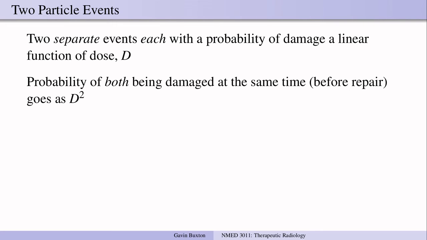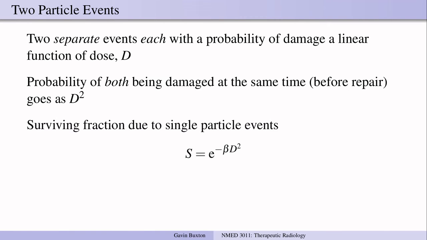Similarly, the probability of the second strand being broken is also linearly dependent on dose. However, what is the probability of both strands being broken? Well, this is going to be proportional to dose squared. Just like statistics in school. If there's a 50% chance of tossing a coin and coming up tails, then there's a 25% chance of doing it twice in a row.